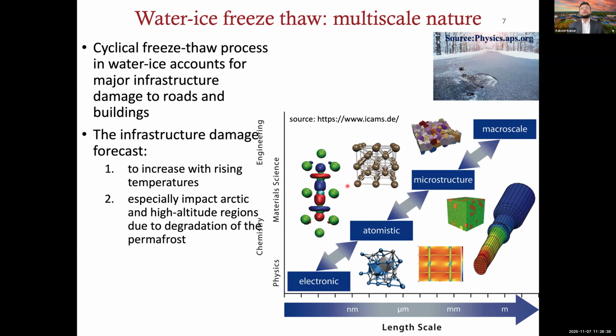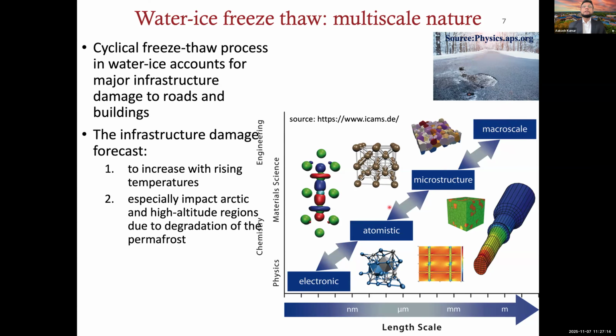And so that's where I really like this image of materials modeling, because you see how we can go from the very, very tiny scale where we're looking at individual electrons, and we are modeling these atoms for their fundamental interactions, and build on top of these huge phenomenological models, or even more physics-based models, that can really predict the behavior, for example, of cement performance, or large-scale engineering performance, at the macro scale.